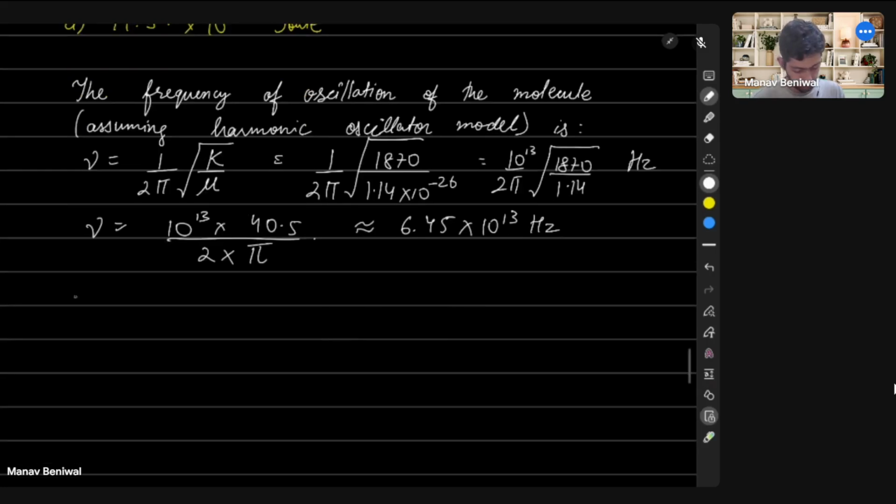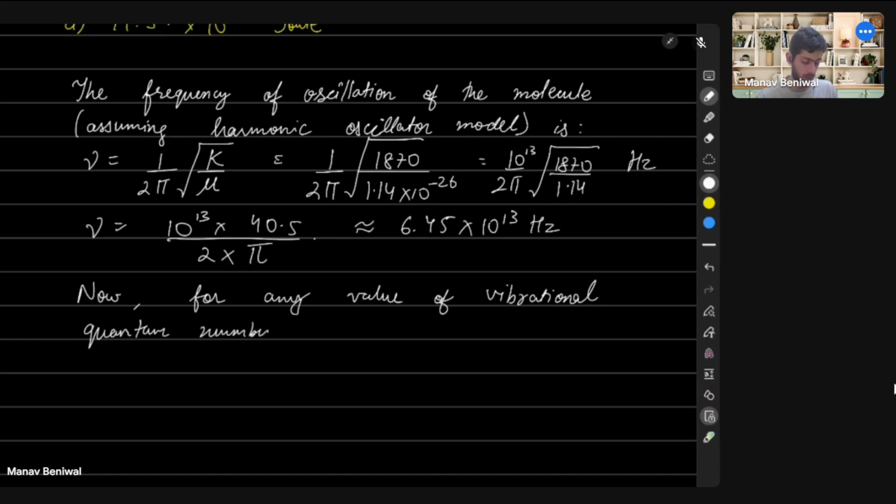Now for any value of the vibrational quantum number V, the energy is given by E is equal to h nu times V plus half.